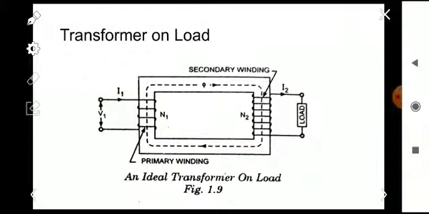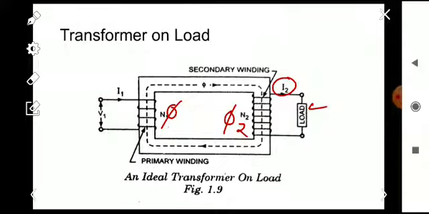Listen carefully: if you are connecting a load here, this current I2 sets up its own MMF in the secondary and produces a secondary flux phi 2 here. That flux phi 2 opposes the main flux phi, according to Lenz's law.